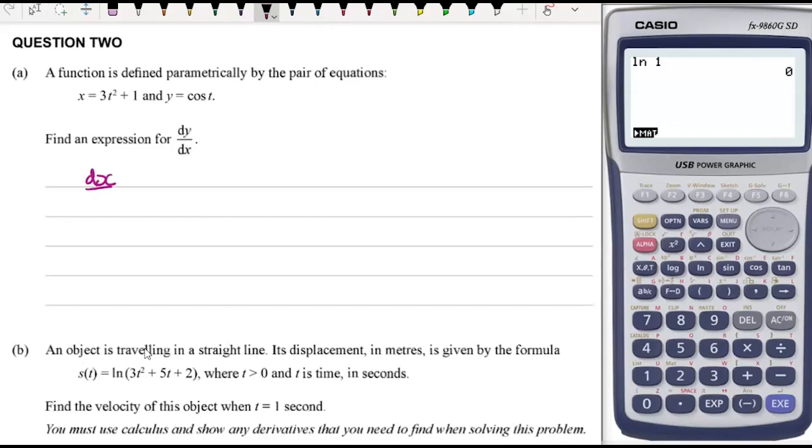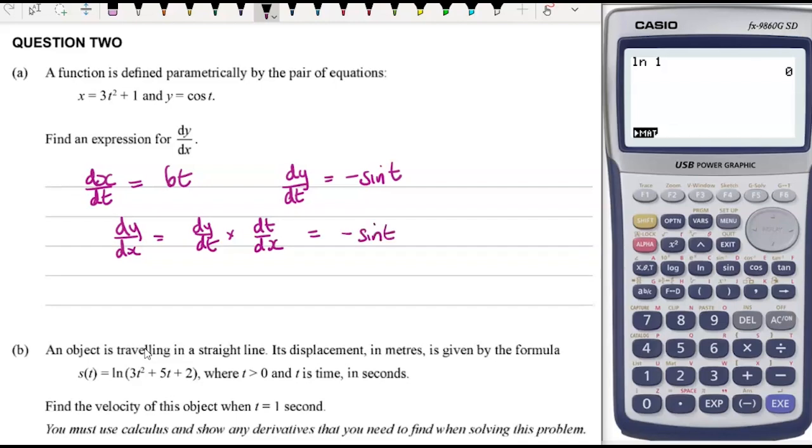So we start with dx by dt, differentiating each one, and dy by dt is minus sine t, and then dy by dx is dy by dt times dt by dx, which means we're going to take minus sine t and then multiply it by dx by dt flipped over, because it's dt by dx that we want, so 1 over 6t. You can simplify that to be minus sine t over 6t.